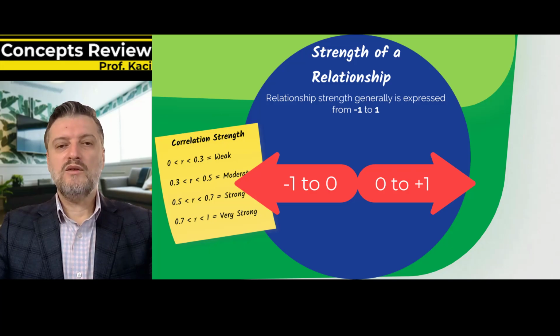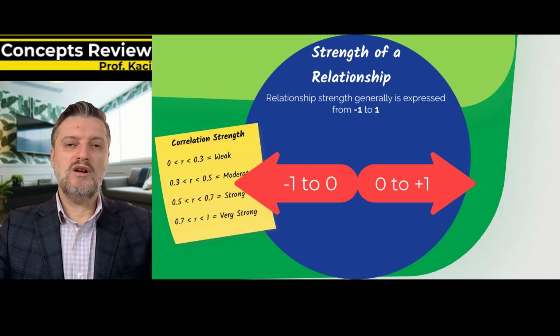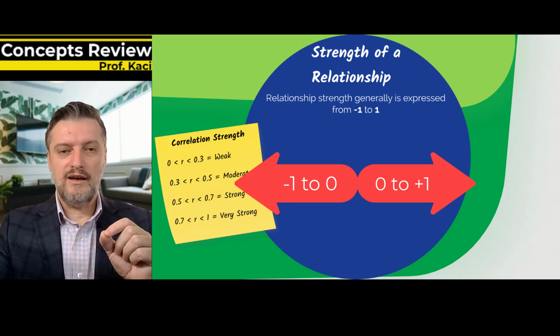When the value is in between 0 and +1 or -1, there is a relationship, but the points don't all fall on a line. As the coefficient approaches -1 or +1, the strength of the relationship increases and the data points tend to fall closer to a line.